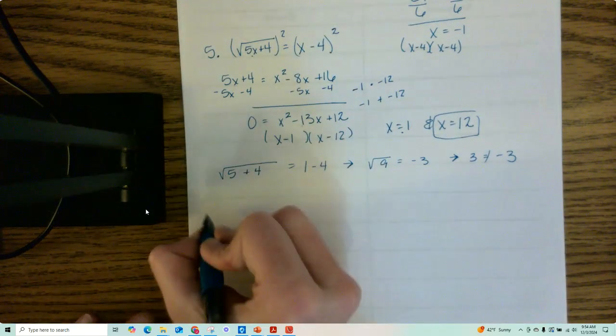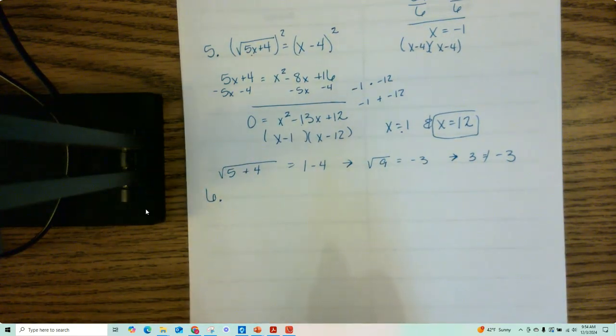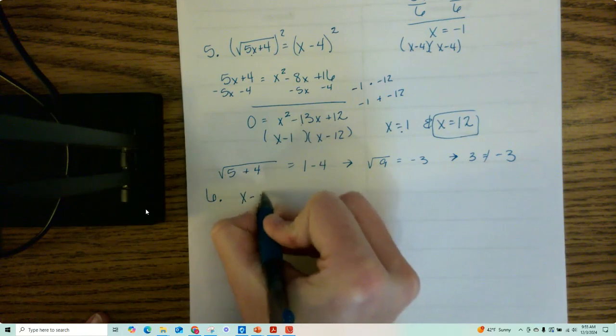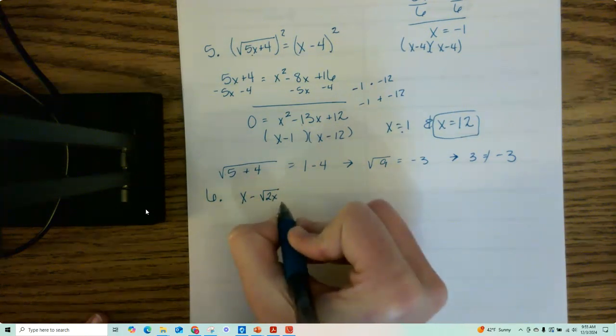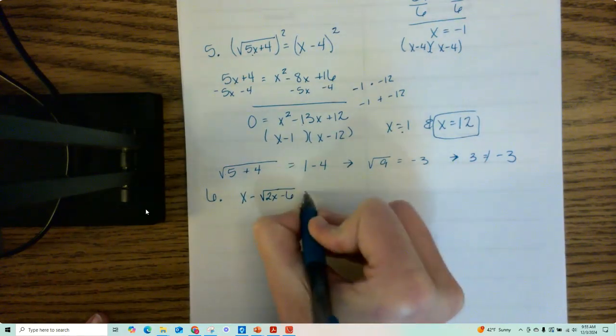All right, number 6. x minus the square root of 2x minus 6 equals 7.